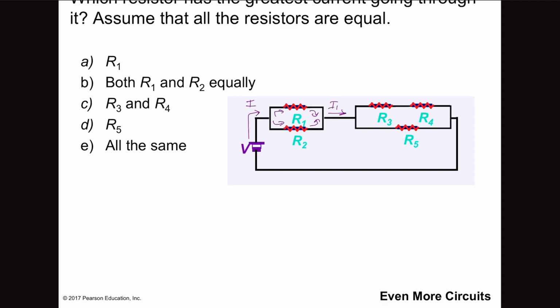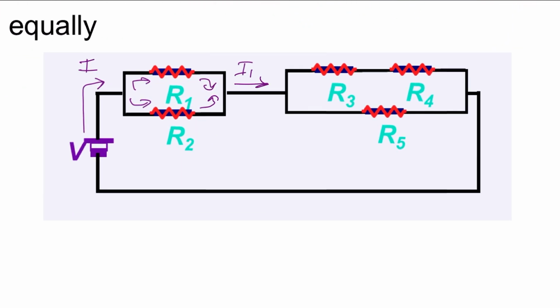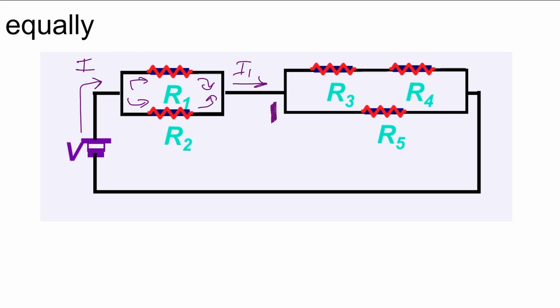But now it's going to split again, okay? But the top part has two of these resistors in series, which means that this upper path has a greater resistance, right? R3 plus R4 is greater than R5. So it has a greater resistance. And then in that case, this is going to have the majority of the current going through it, more than half.